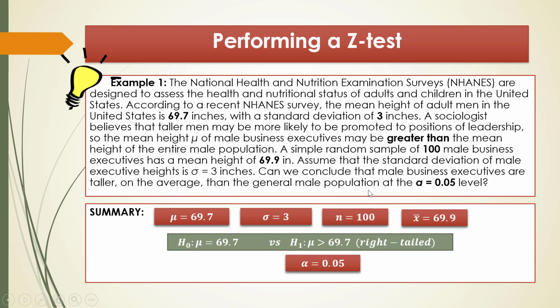So the alternative is mu is greater than 69.7. This is a right tail test, and we choose alpha level 0.05. So that's how we summarize the problem.